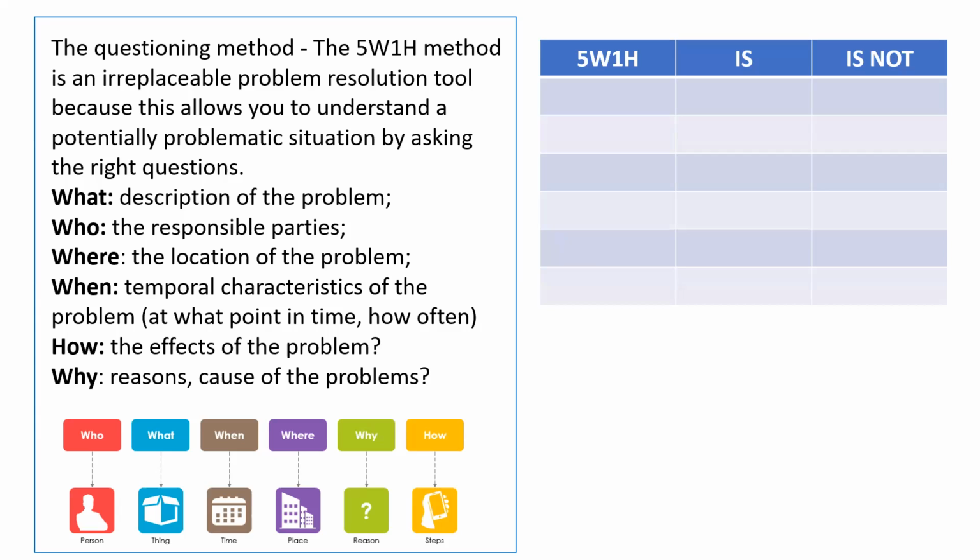There is also a way to, if it is a more complex issue, for example, then you categorize your issue into the what is and what is not. So what is, in this case, is the cold pizza. It is not a hot pizza or a damaged pizza, or the wrong flavored pizza.